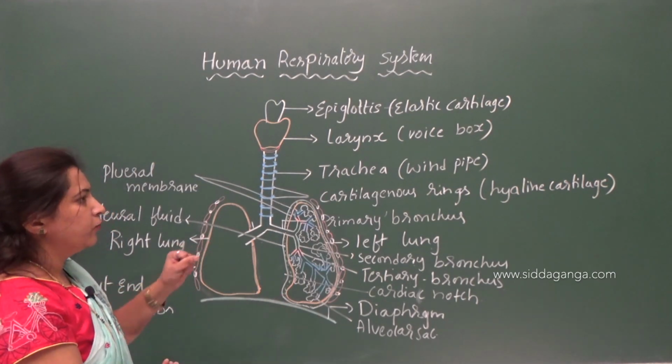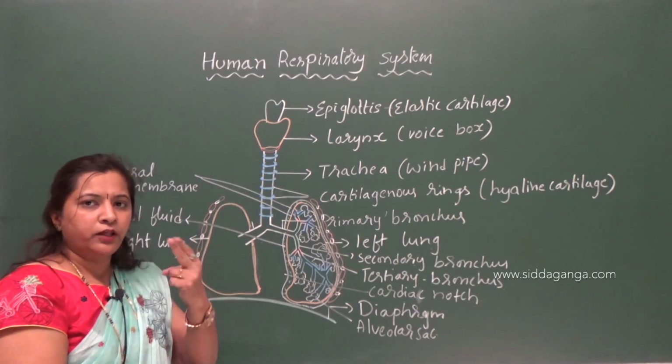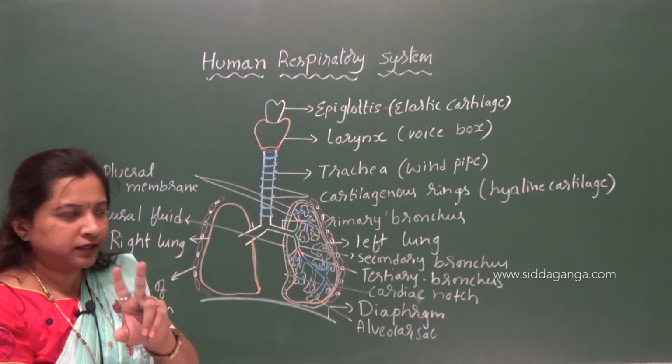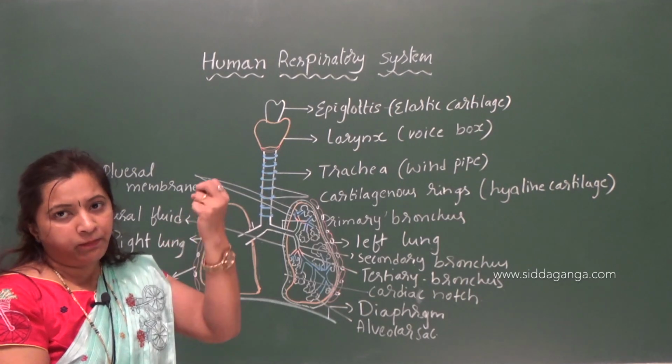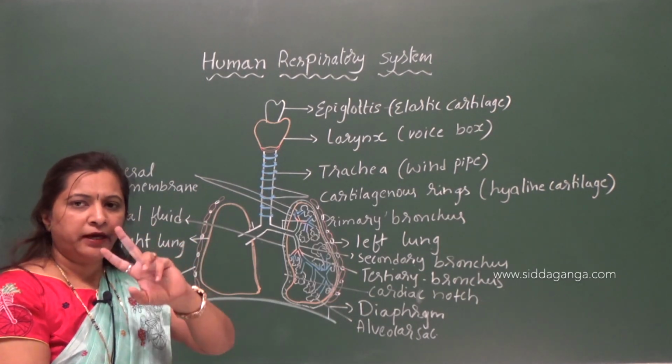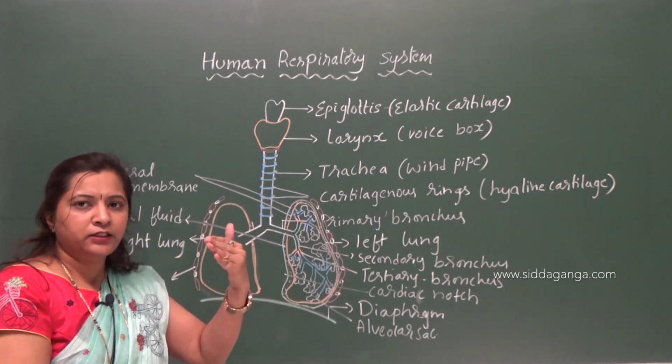Okay. So the human respiratory system consists of the respiratory tract and the two lungs. The respiratory tract begins with the pair of external nostrils, then the nasal chamber.